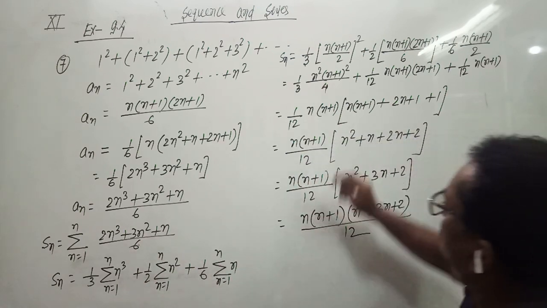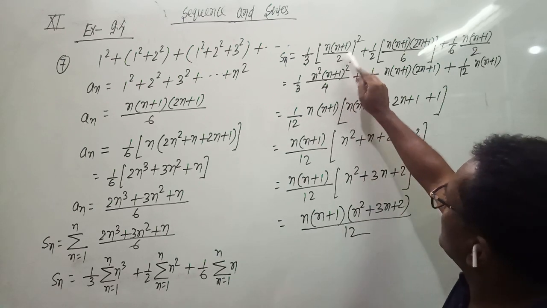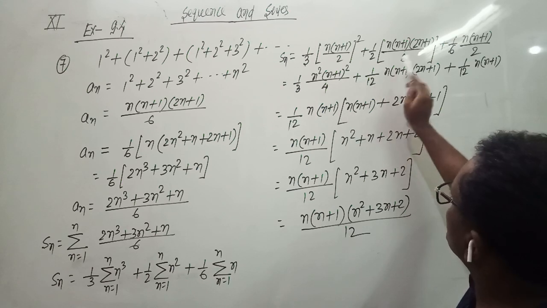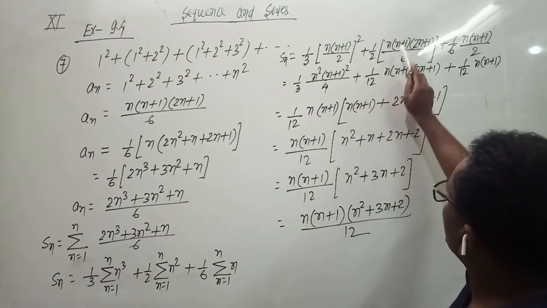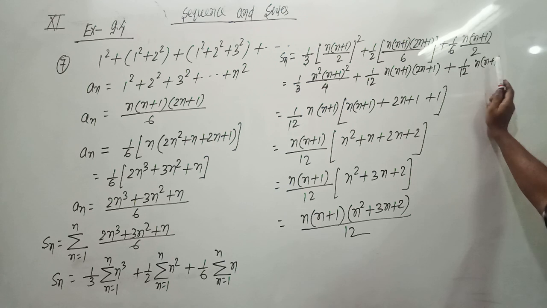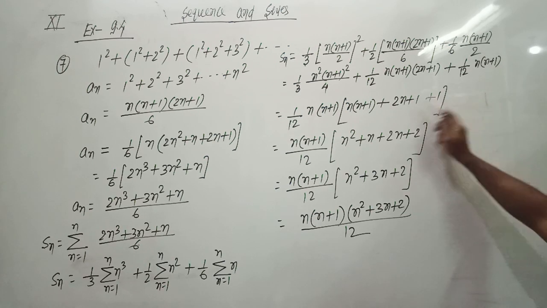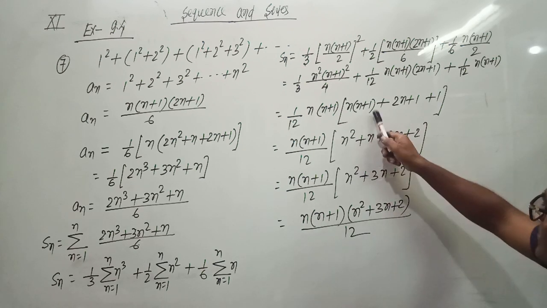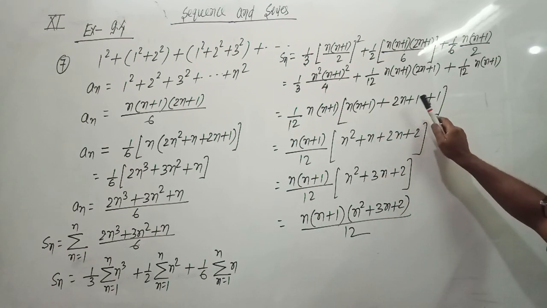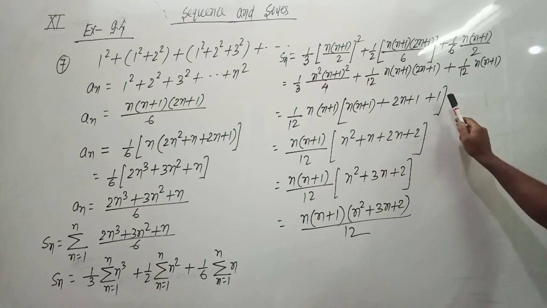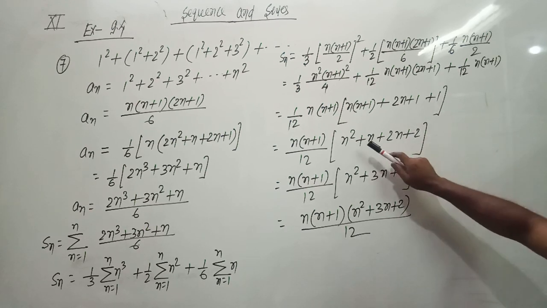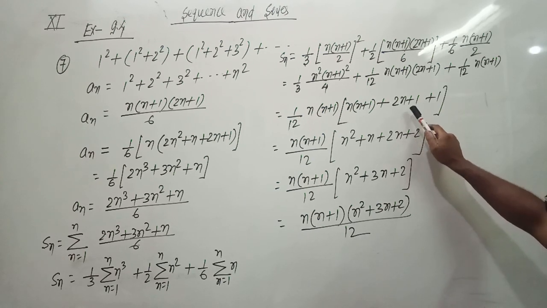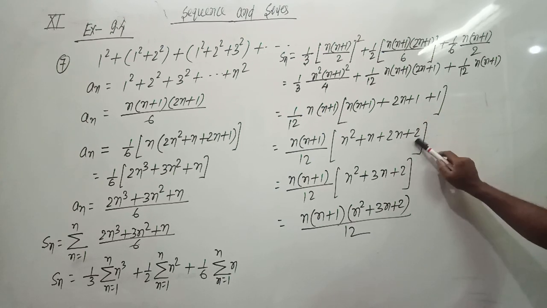So 1 by 3 n square, n plus 1 the whole square, 4, 1 by 12 n plus 1, 2n plus 1, 1 by 12 common n plus 1, so n into n plus 1 plus 2n plus 1 and plus 1, n square plus n plus 2n plus 2, 3n plus 2.